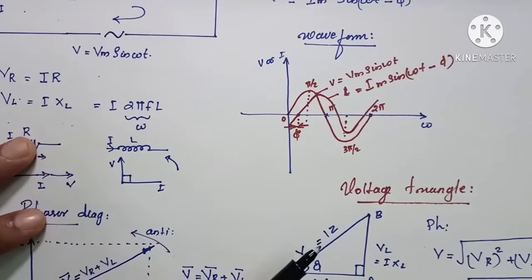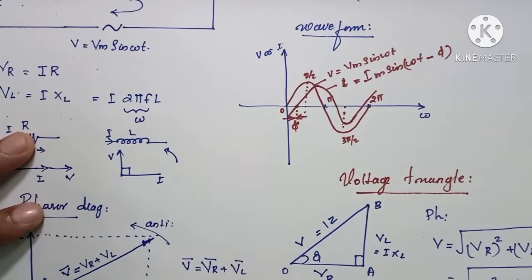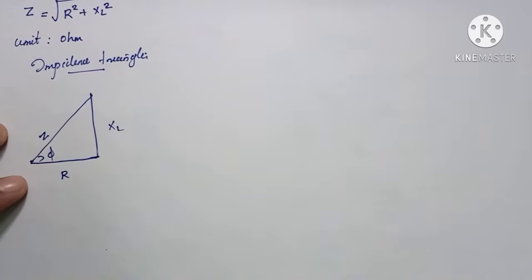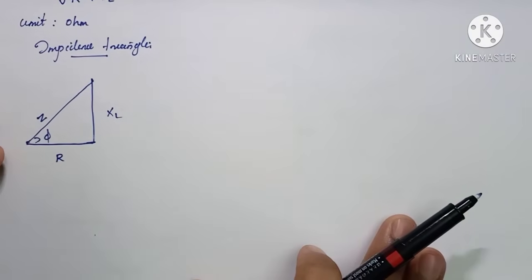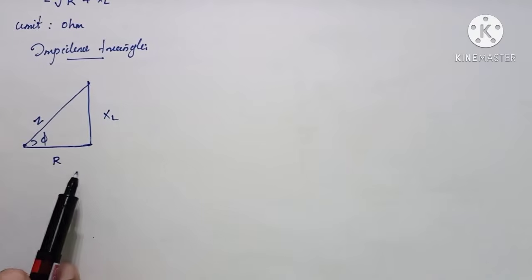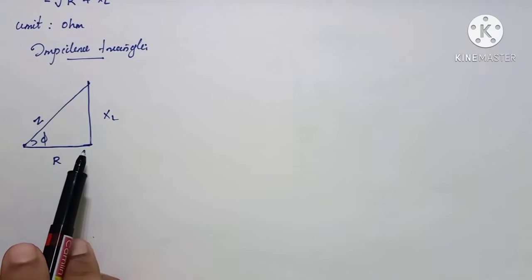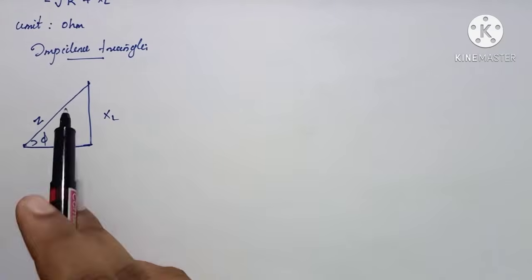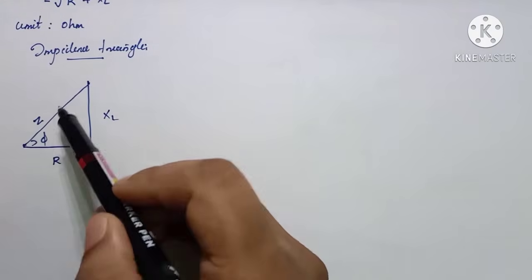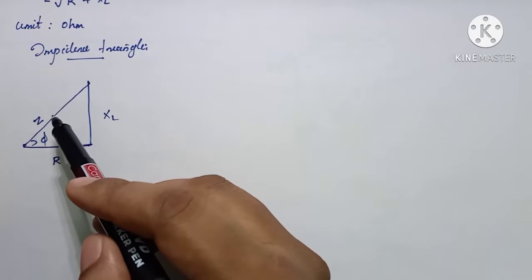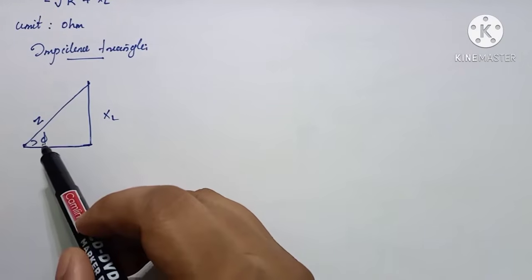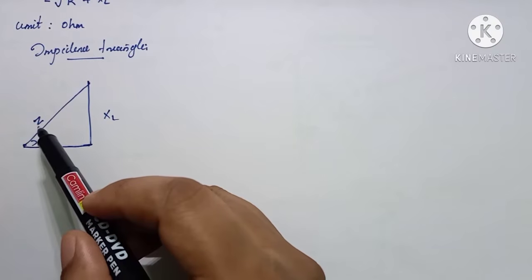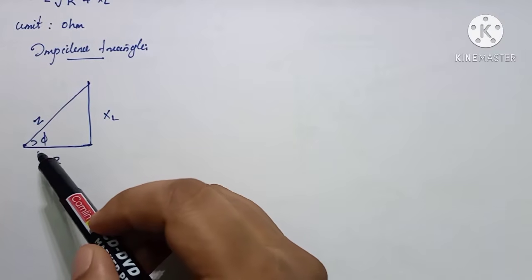So when I divide each term by current, I will get the impedance triangle. In this triangle, the base will represent the resistance, this portion will represent the reactance, and the hypotenuse or the resultant will be the net impedance of the circuit, and phi will be the angle between the resistance and the impedance.